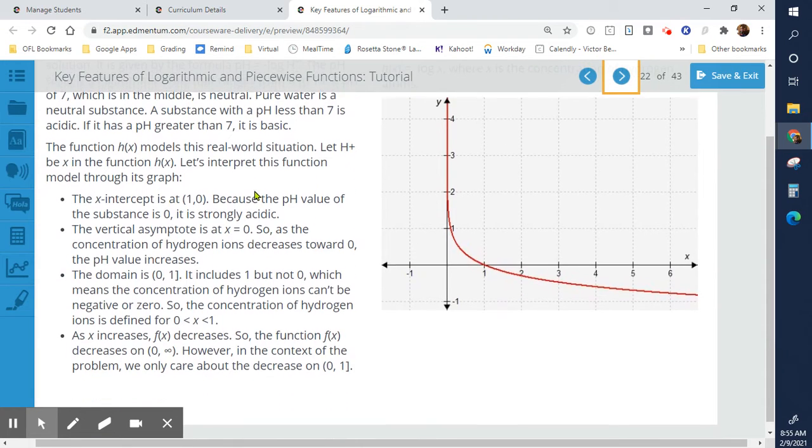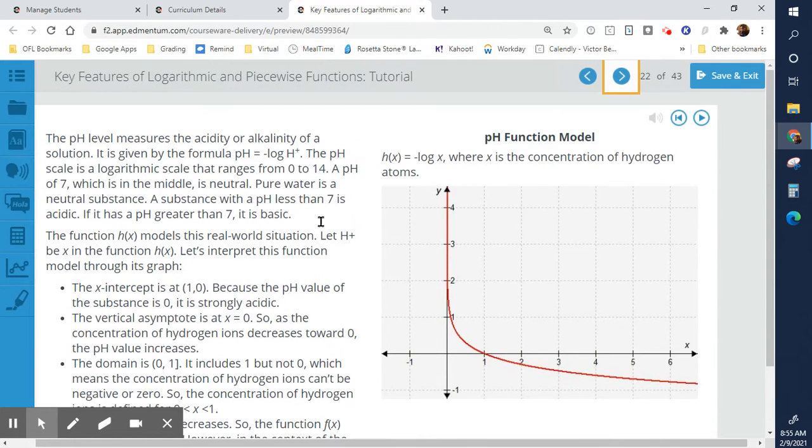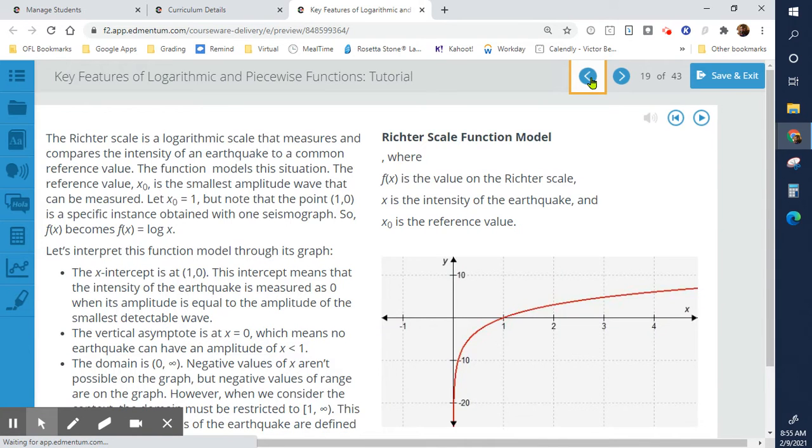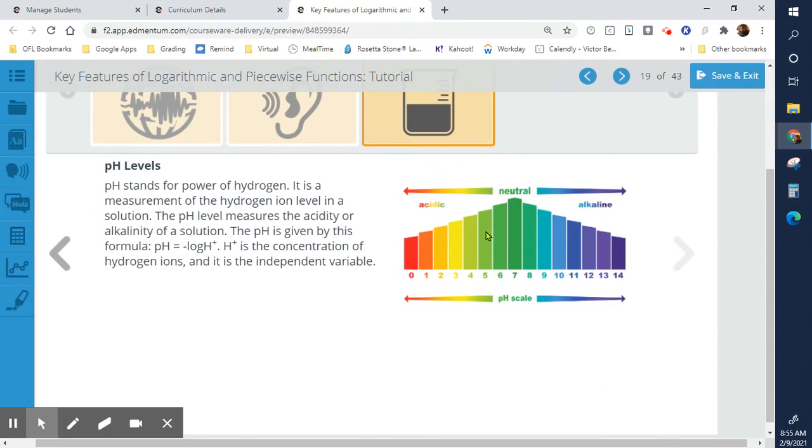All right, so pH. So pH has a negative factor to it. It's been a minute, so you're going to see me go back, just like I mentioned. I haven't taken chemistry in a while, so hold on. The pH is a measurement of hydrogen ion levels, and it measures acidity or alkalinity.